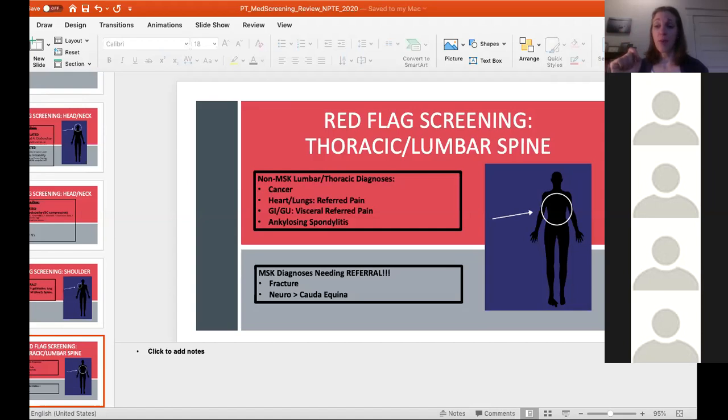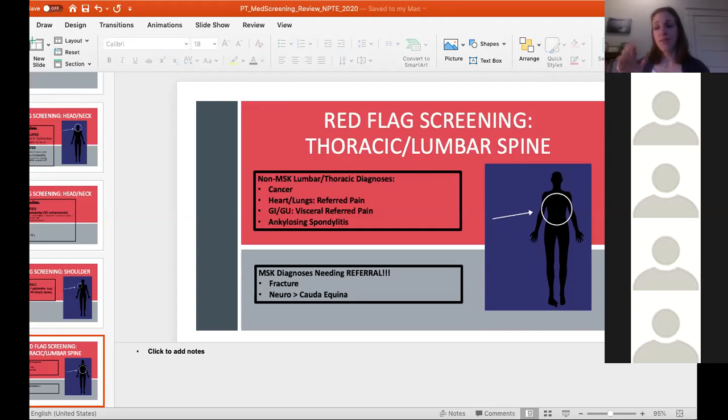The other things that we want to make sure in the lumbar spine is that we're always screening for fracture and cauda equina, which are going to necessitate referral. So cauda equina, like we saw above, we're going to want to ask for changes in bowel or bladder function, primarily urinary retention and fecal incontinence. So urinary incontinence is not a red flag.